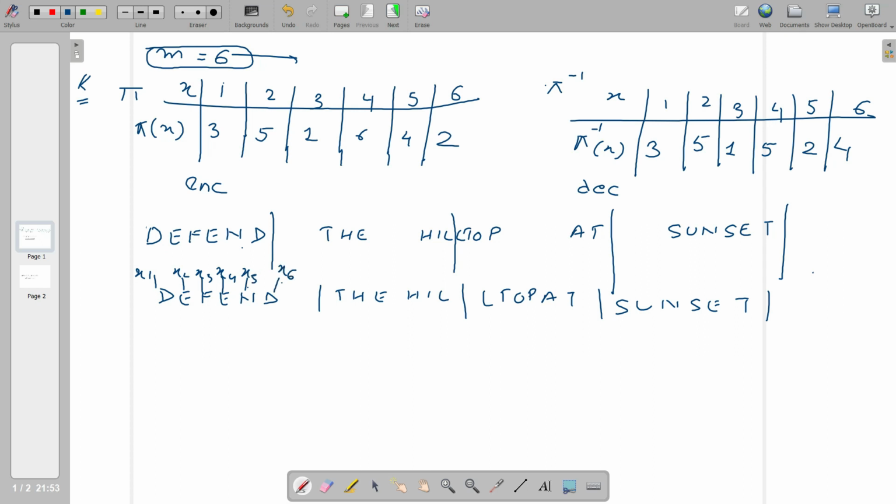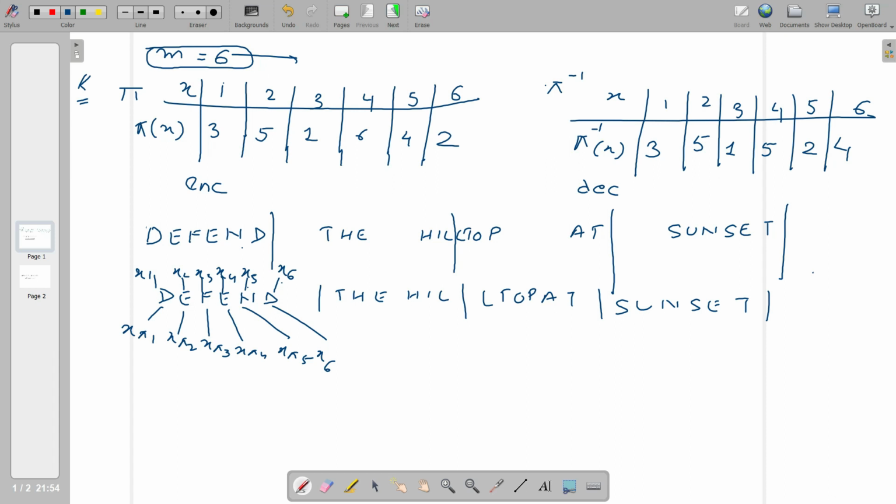Now x1 goes to x pi 1, this goes to x pi 2, this goes to x pi 3, and so on, x pi 4, x pi 5, and x pi 6. So what does it mean? x1 says go to the third one.